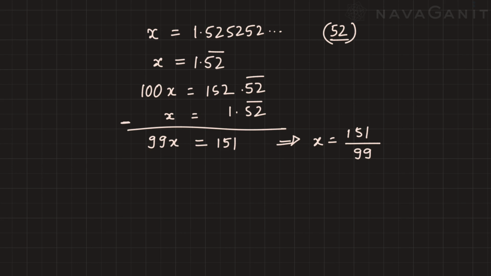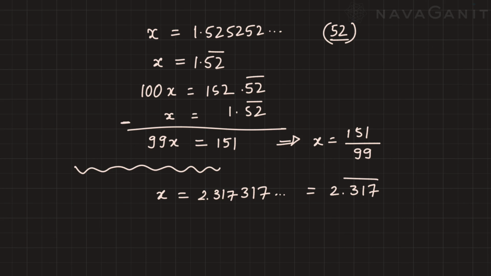Let's see another example. Say x this time is 2.317317 and so on. So this is nothing but 2.317 bar. Now I can see that this is a block of 3 digits which is repeating.